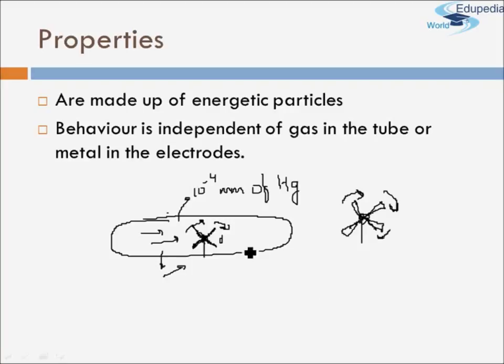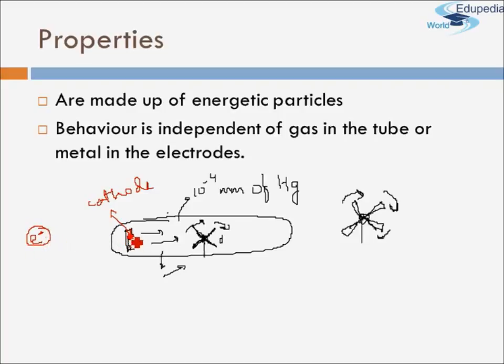Cathode rays are actually formed because of two things. First we have a cathode electrode here. Now we know from the study of electricity that conduction of electricity is nothing but traveling of electrons.